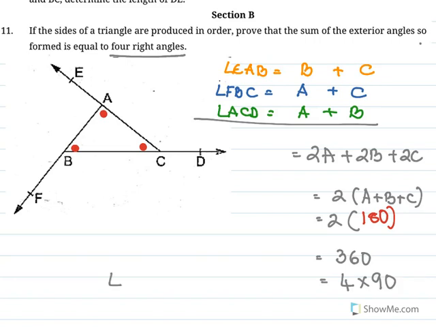So we have angle EAB, that is one exterior angle, plus angle FBC plus angle ACD is 4 right angles.